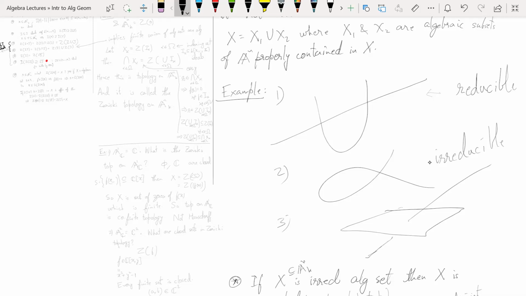If you take an algebraic subset which is properly contained in this, then it has to be just points. You can't get a big chunk out of it, so you can't write it as a union of two algebraic subsets.